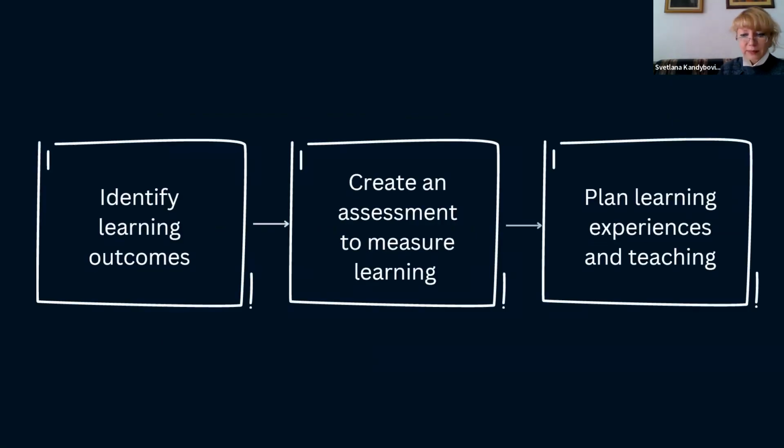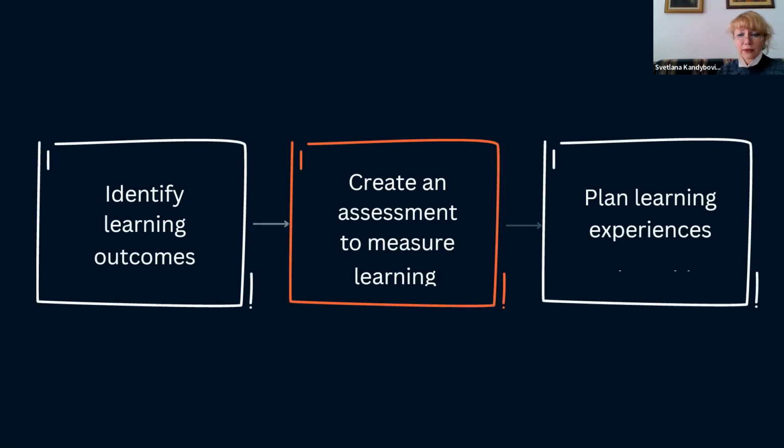So back to the backward approach. The backward design approach includes the following 3 steps. Step 1, identify what students should know and be able to do by the end of the learning cycle. And that's the learning outcome that we actually identified with you based on the CEFR scale. Step 2, determine acceptable evidence or create an assessment to measure that learning. And step 3, plan a sequence of lessons that will prepare your students to successfully achieve the outcome.